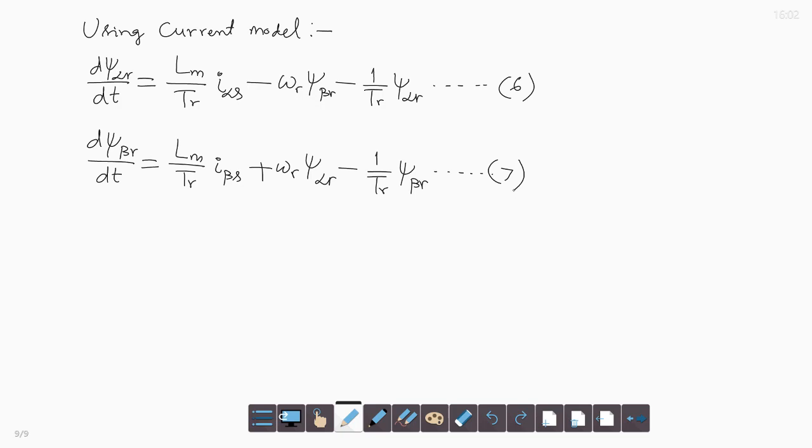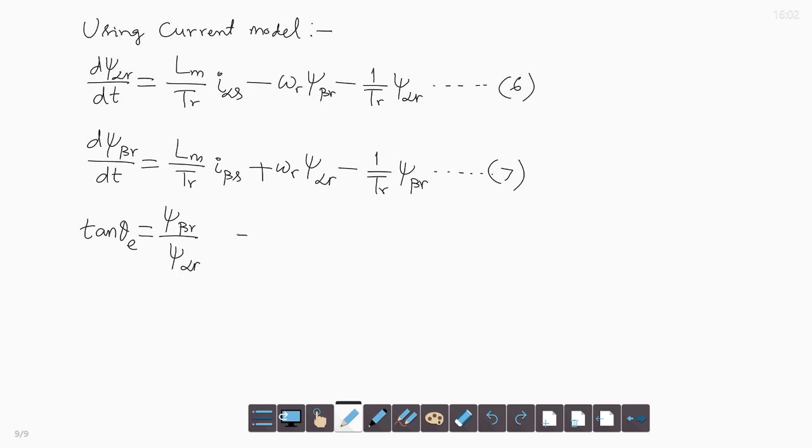So, further we have the angle theta e, tan theta e is psi beta r by psi alpha r from the vector phasor diagram. So, this is the expression for tan theta e.